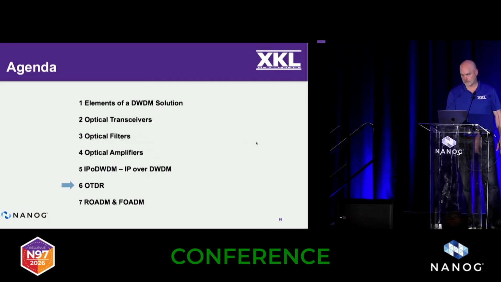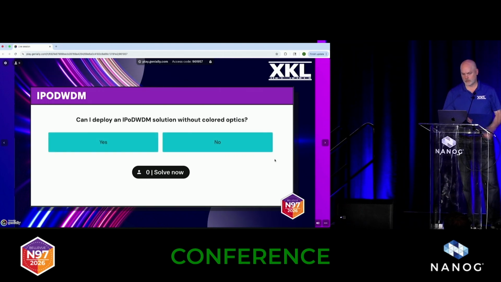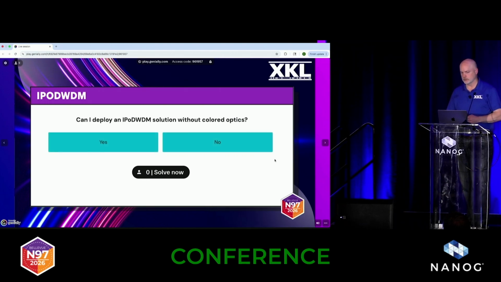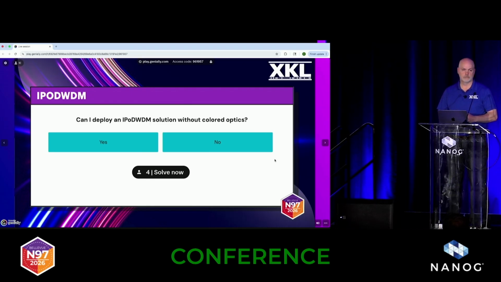Right. Questions? Can I deploy an IP over DWDM solution without colored optics? It's not a trick question. Or maybe it is.